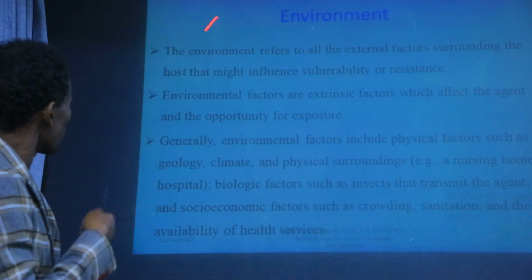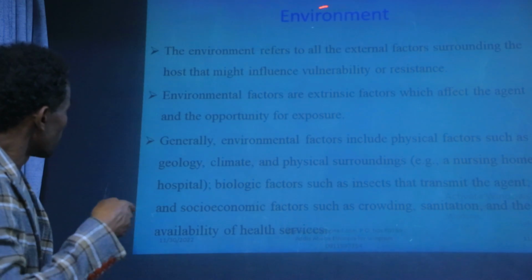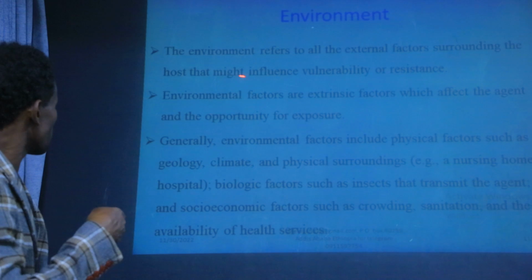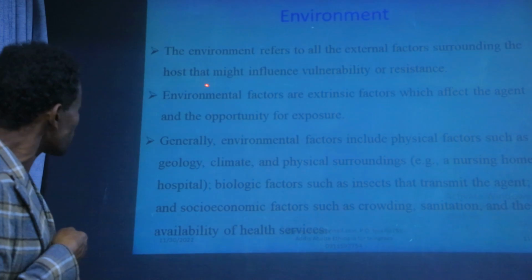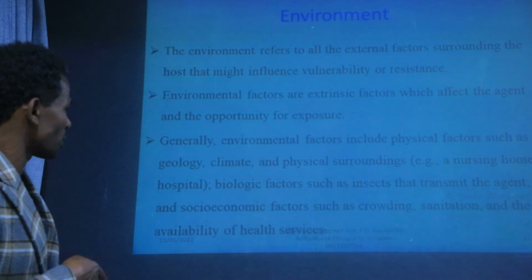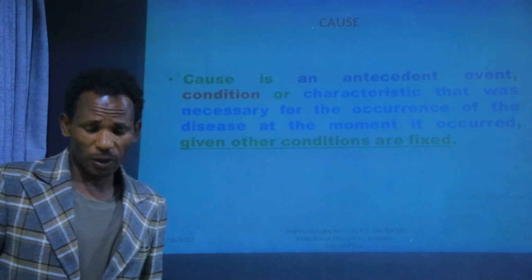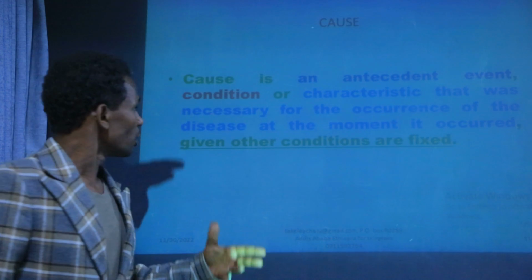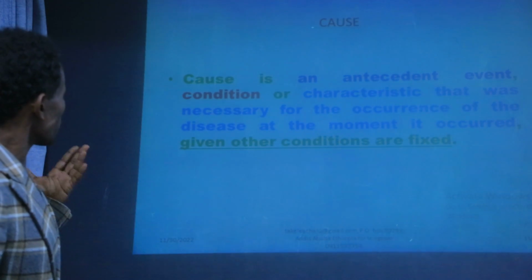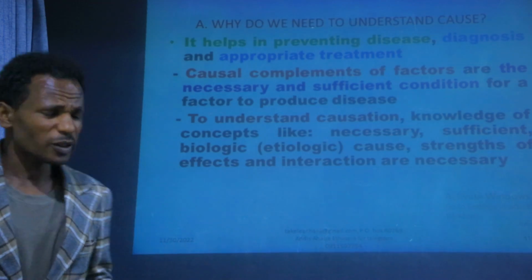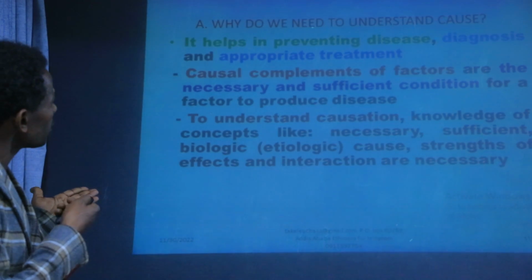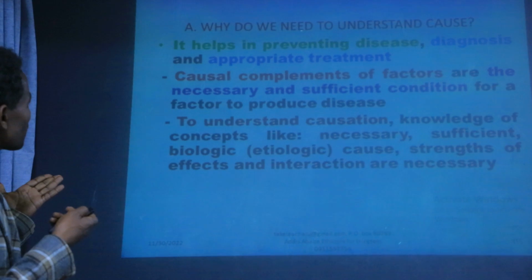The third one is environmental, which means the epidemiological triad here is especially environmental, referring to all external factors surrounding the host. Then what is cause by itself, and the importance of cause? Why do we need to understand the cause?